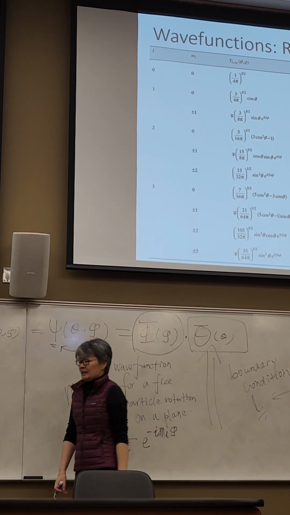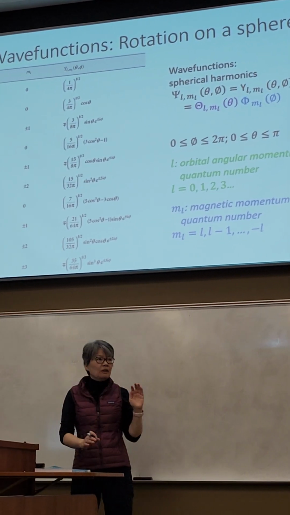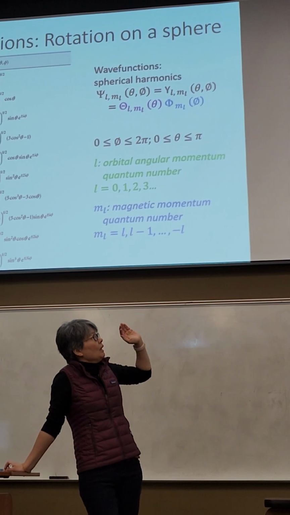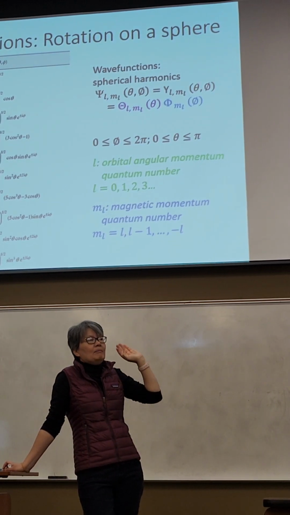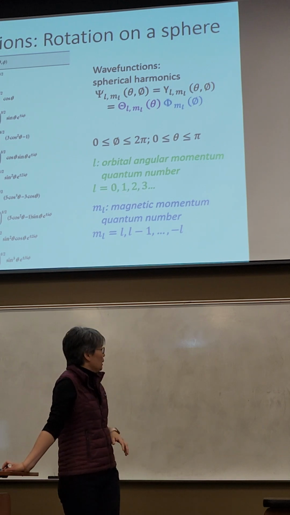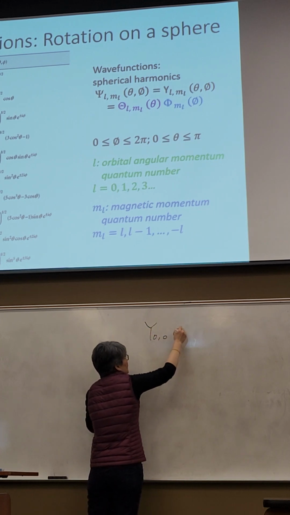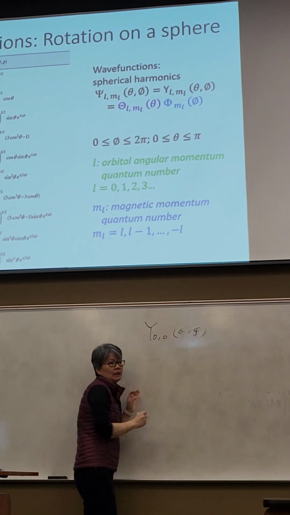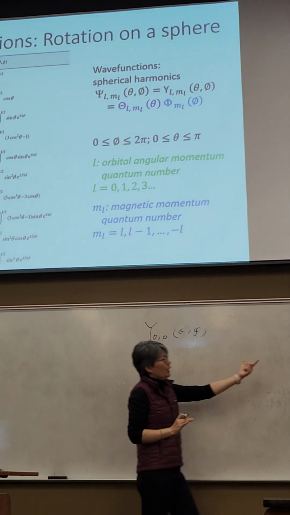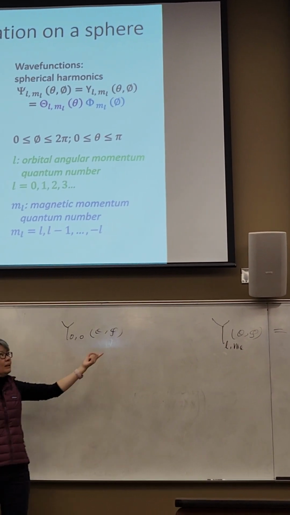Now, under each L value, you have multiple m sub L. The book gives L equal to 0, m sub L only equal to 0. So you're looking at what quantum state? The quantum state 0, 0, because you have quantum numbers to refer to that quantum state, and there's a solution.